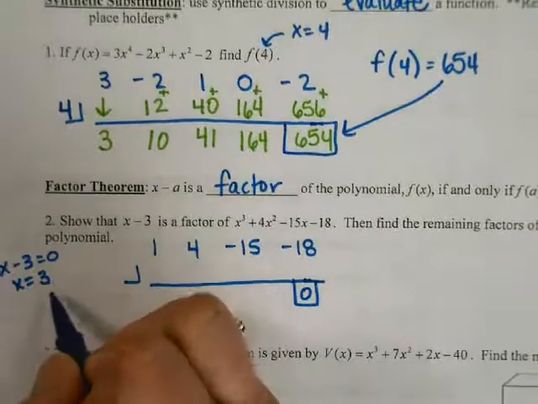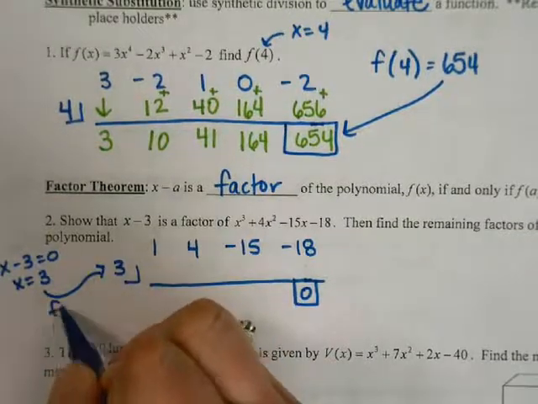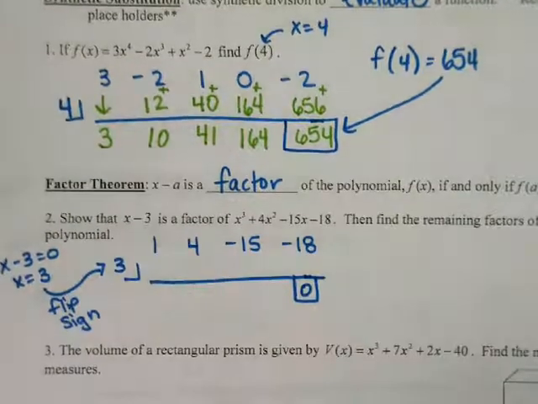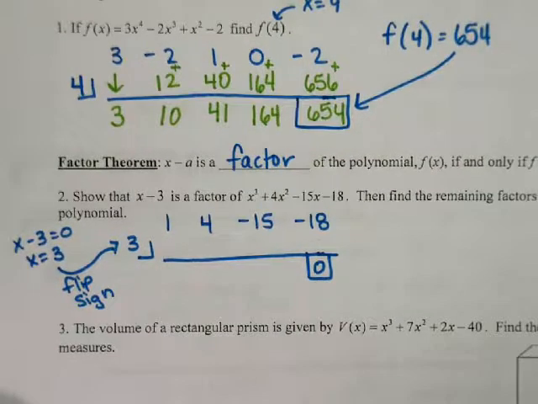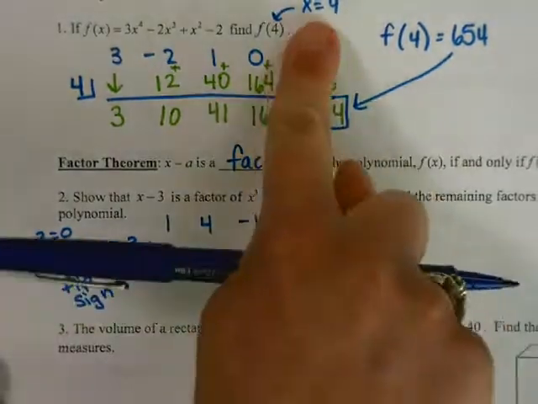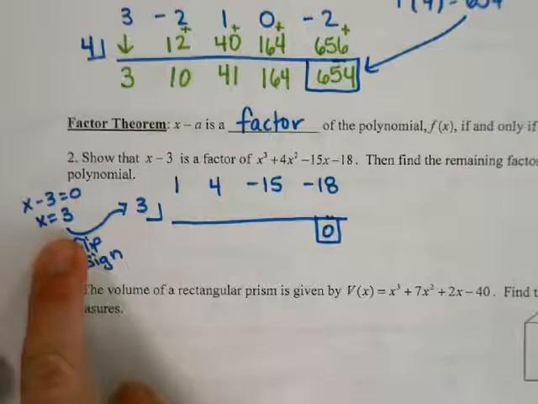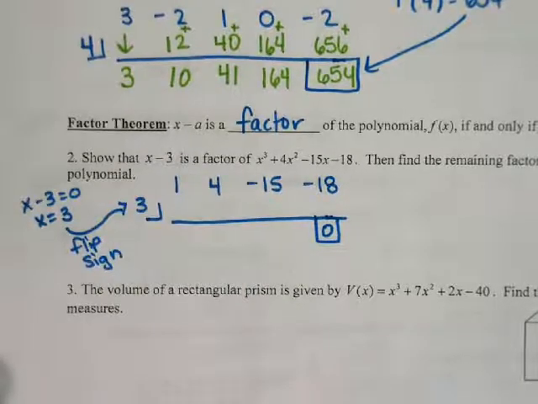Does that make sense? Do you see the difference? This one I wanted to know when x was 4. This says x minus 3, so I have to set him equal to 3. So I need to flip this sign.